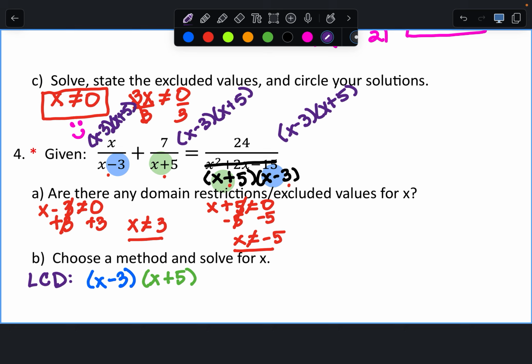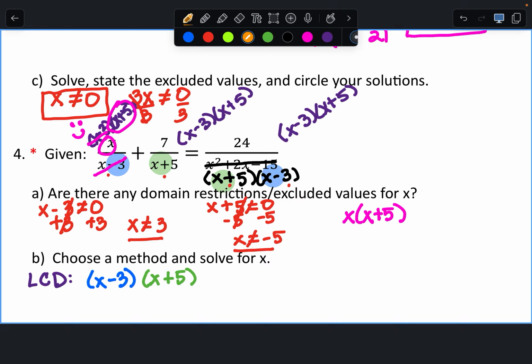So let's see what we can get to cancel. So in this first one, goodbye x minus 3. So I am left with this x and this x plus 5. So I'm just going to write it here because I'll show my work in a minute.